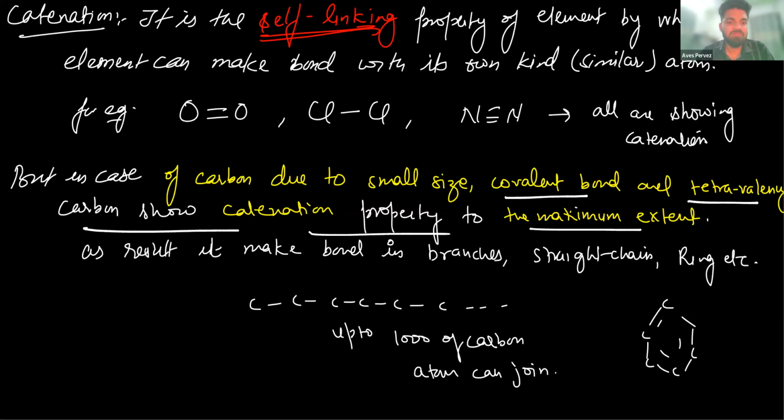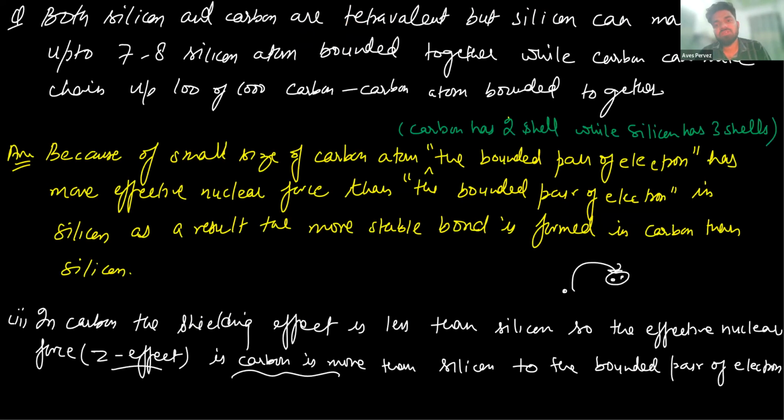Let's move further. The question comes in examinations that both silicon and carbon are tetravalent, but silicon can make a chain of only 7 to 8 silicon atoms bonded together, while carbon can make chains of hundreds of thousands of carbon atoms. The reason is the small size of carbon: carbon has 2 shells and silicon has 3 shells.